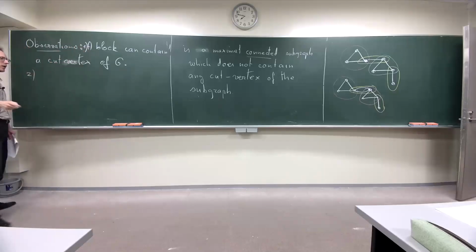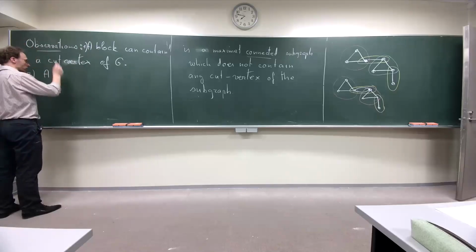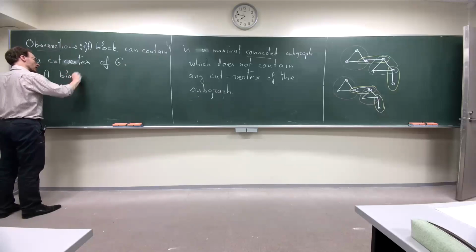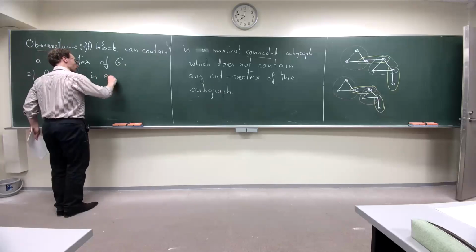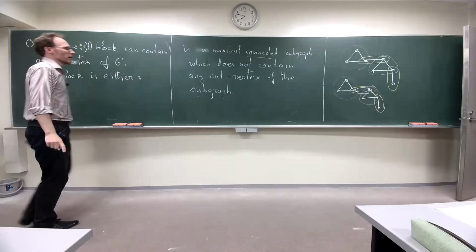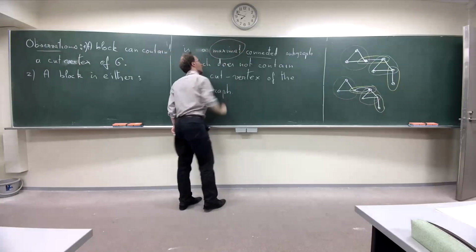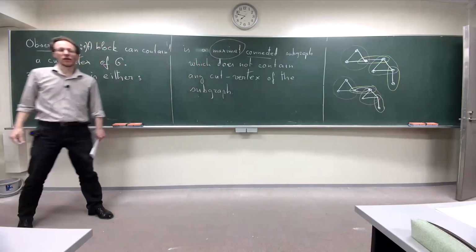Now, the second one is about a block. You don't have so many possibilities. A block is either, we have three solutions. Oh, by the way, do you remember what is maximal? I didn't mention it.